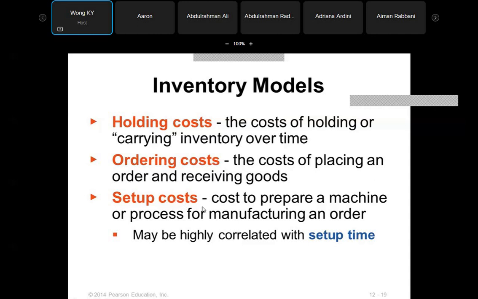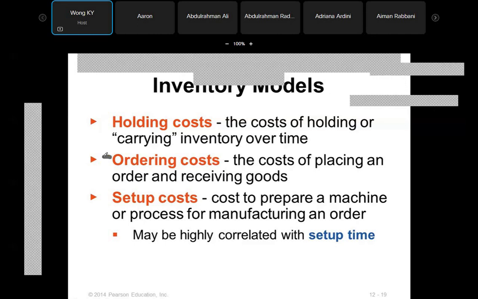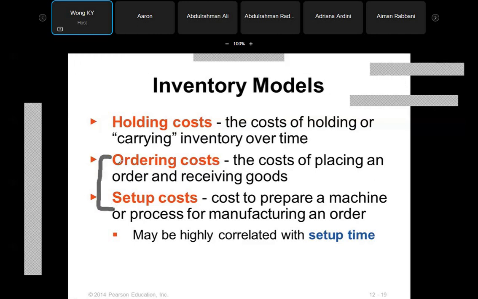And what about setup cost? Setup cost is the cost to prepare a machine or process for manufacturing an order. So setup cost is the cost incurred for setting up a machine or process. Now, please understand ordering cost and setup cost. These two costs will be relevant for different companies.